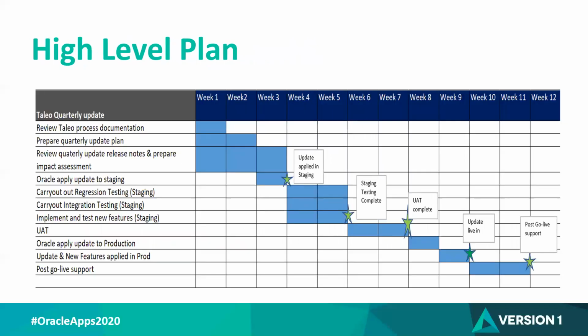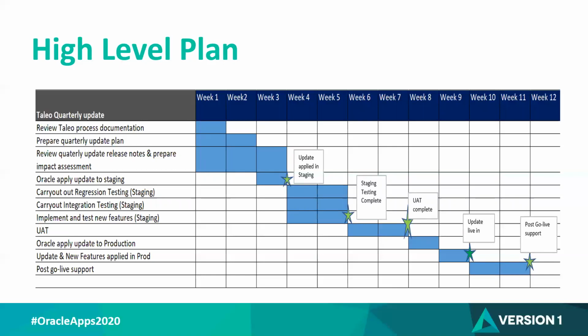This is just a high-level plan that we have designed for what a customer should be doing for their auto update model. They should be reviewing their documentation. They should plan the update. They should review the release notes and prepare the documentation. Raise a service request with Oracle for your zone to be upgraded.